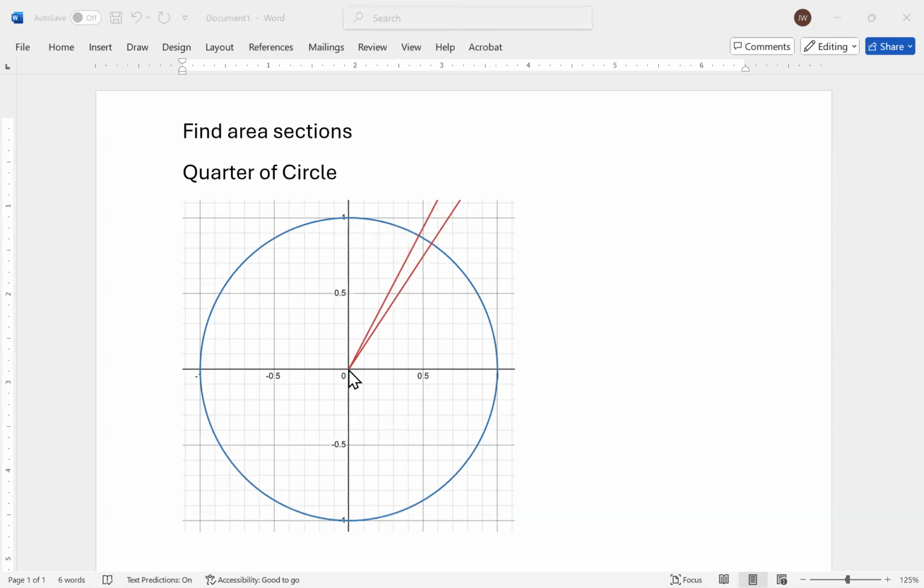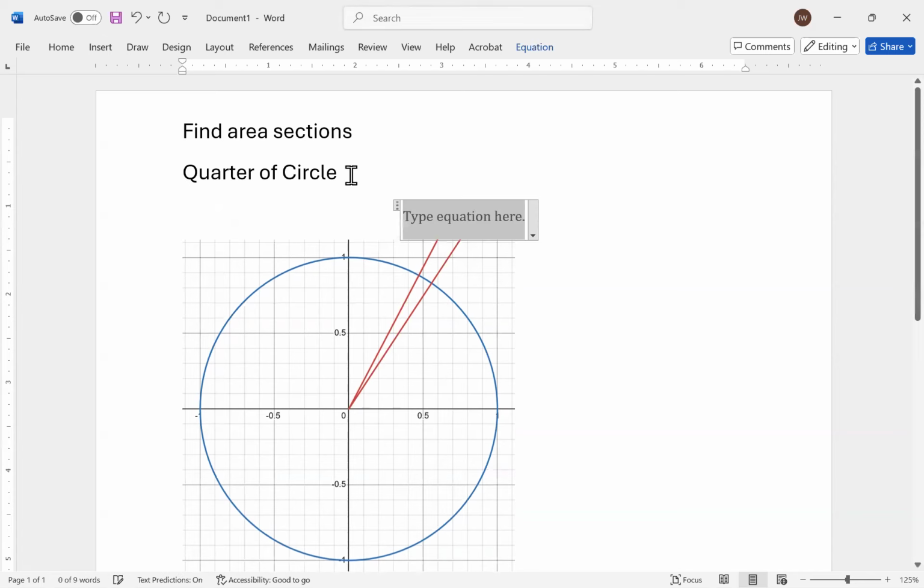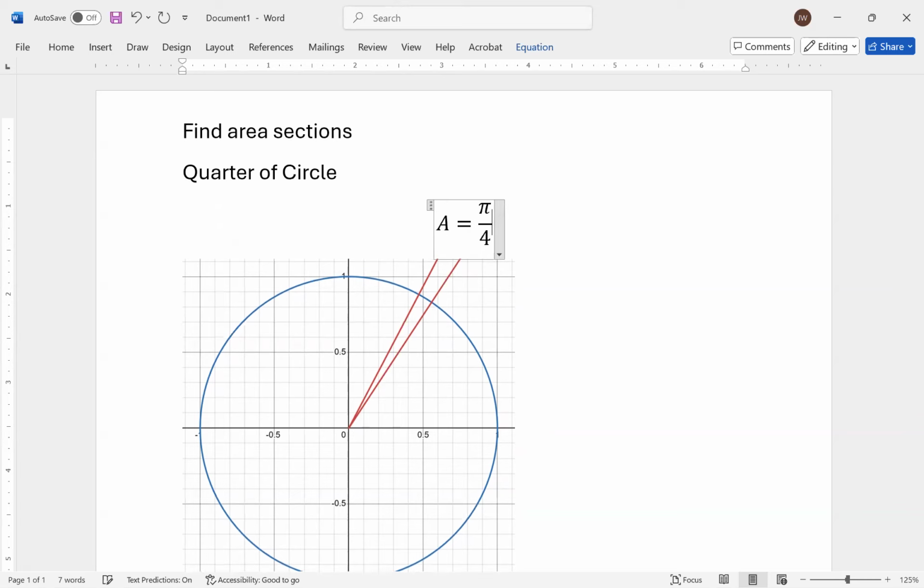So think about a quarter of a circle. That's 1/4 of a circle. That means the area of a quarter of a circle would be pi r squared divided by 4, which I'm going to write that way.